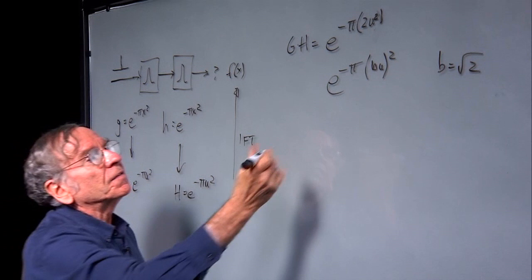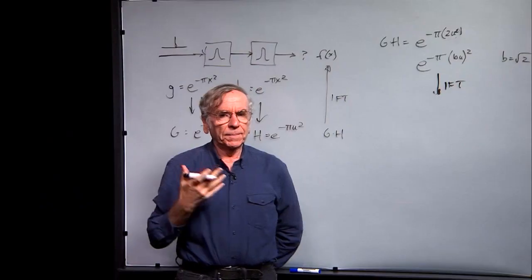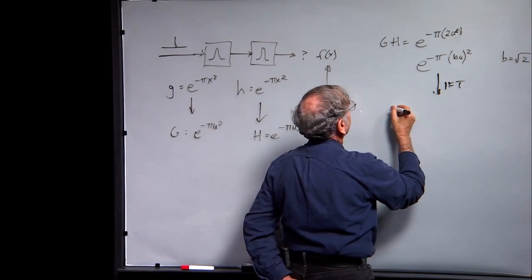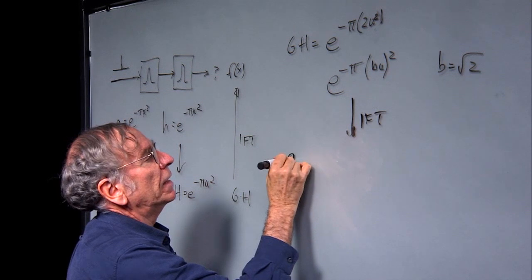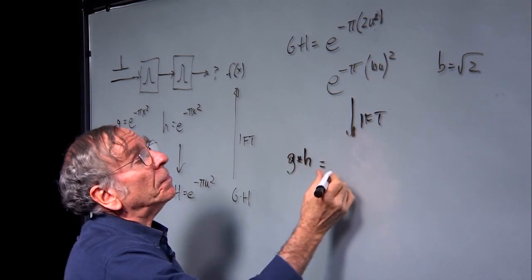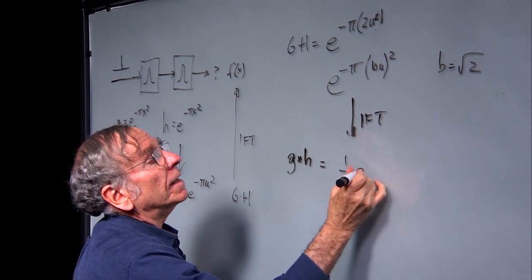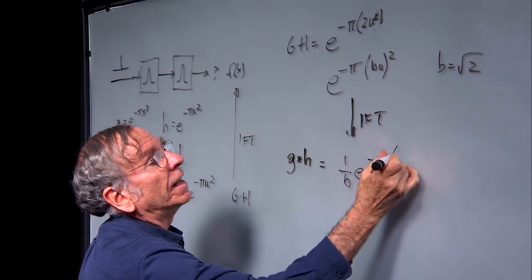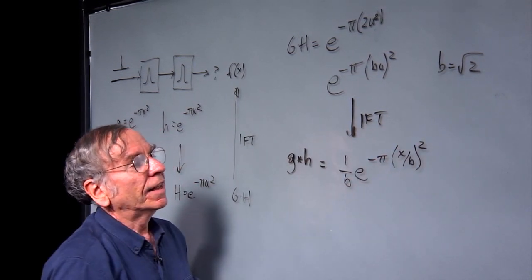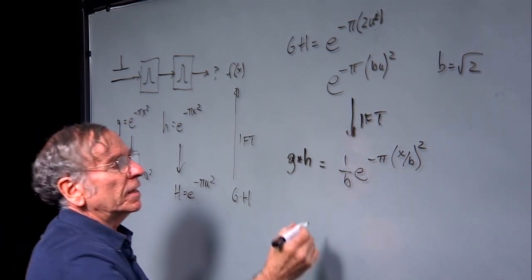So now the inverse Fourier transform of this, if we use the scaling rules again, says that my function that I wanted, g convolved with h, is going to be 1 over b e to the minus pi x over b squared. And that's my answer.